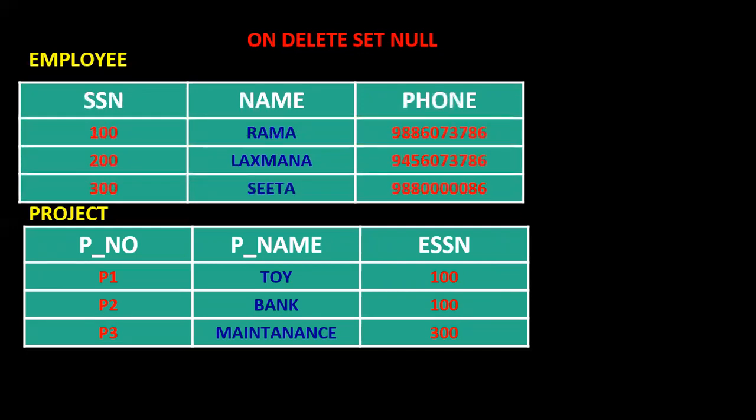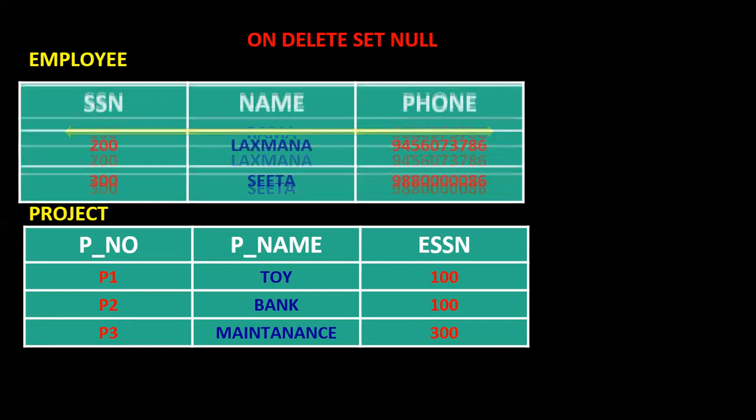Initially on P1 and P2, the employee with SSN 100 was working, but now SSN 100 is not working. He is not an employee now. In the employee table I have only two employees, SSN 200 and 300, but in the project table P1 and P2 were already assigned to 100, and now 100 is not working.